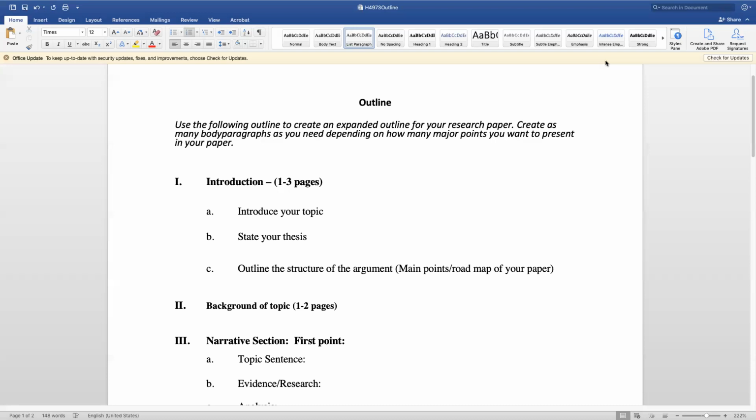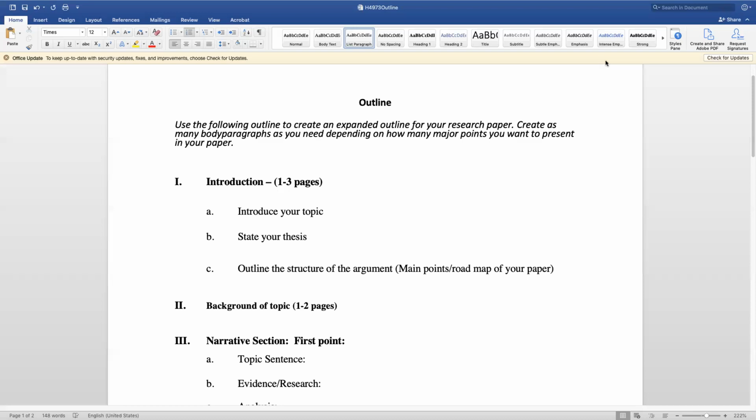Number one, you need to make sure that your topic's introduced, that your reader knows what it is you're writing about. Number two, you need to explain to your reader what the argument is that you're making about your topic. And then number three, you want to outline the structure of your argument.